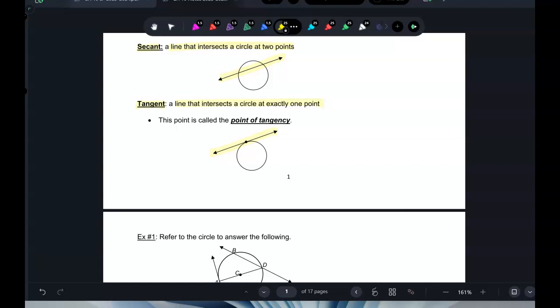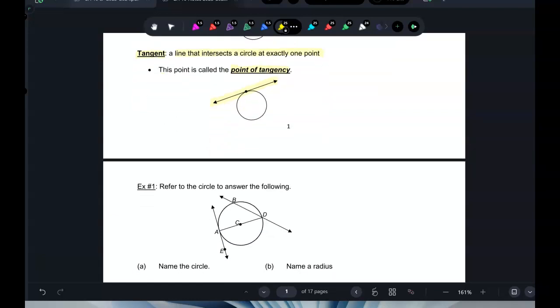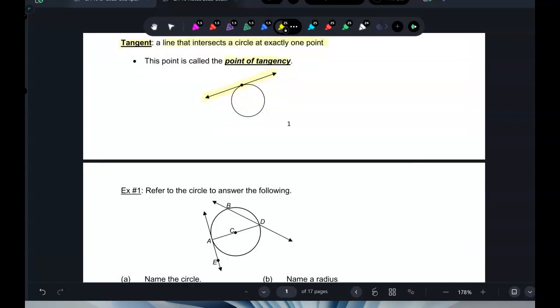So we call this the point of tangency. A tangent line cannot go through the circle. The tangent line has to go on the outside.